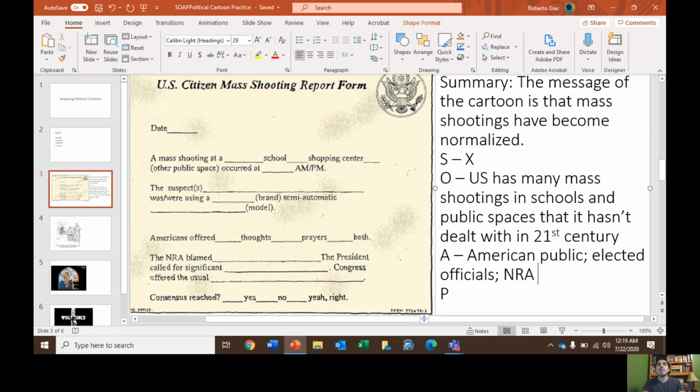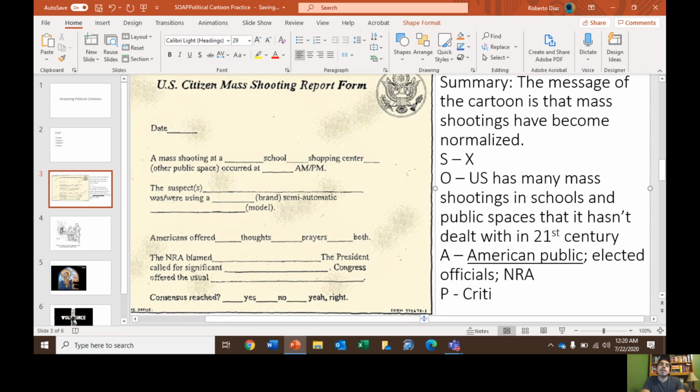It could be directed at all of those different political groups. But I think it's principally directed at the American public, an American public that is kind of resigned to mass shootings, that has basically kind of given up.